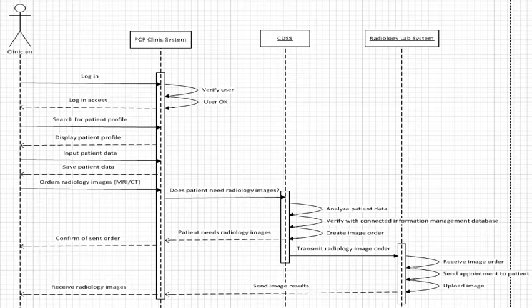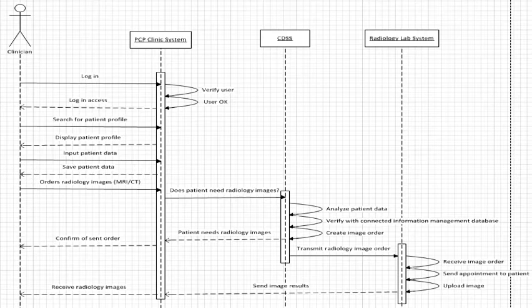Now, the other diagram I made was the activity diagram, and here you can see the clinician with the respective systems listed, the PCP clinic system, the CDSS, and the radiology lab system.